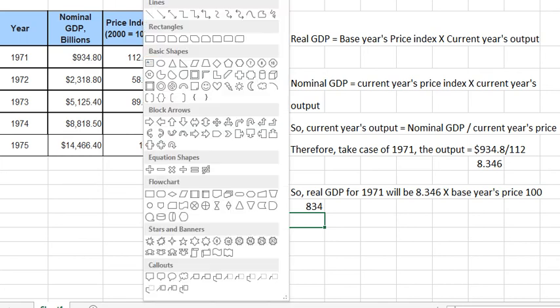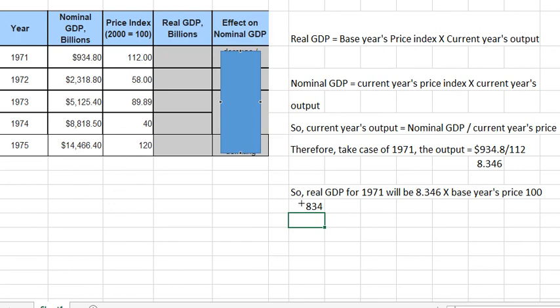Thus, we got real GDP for this box. This should be the number in this box. So for this box we will find this number, which was 934.8 divided by 112, and that number will be multiplied by 100, and that will be this number.